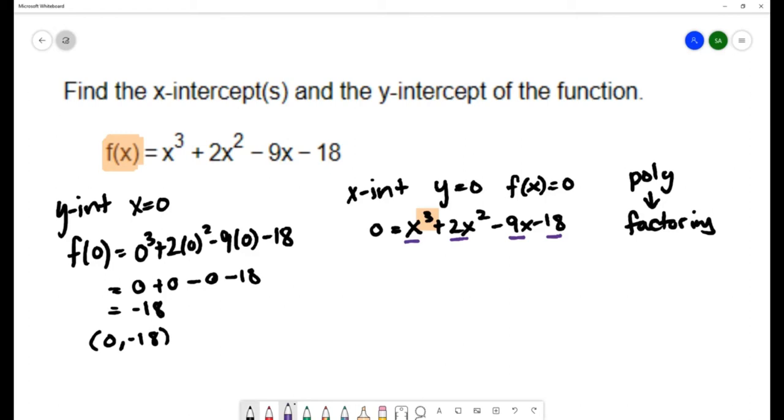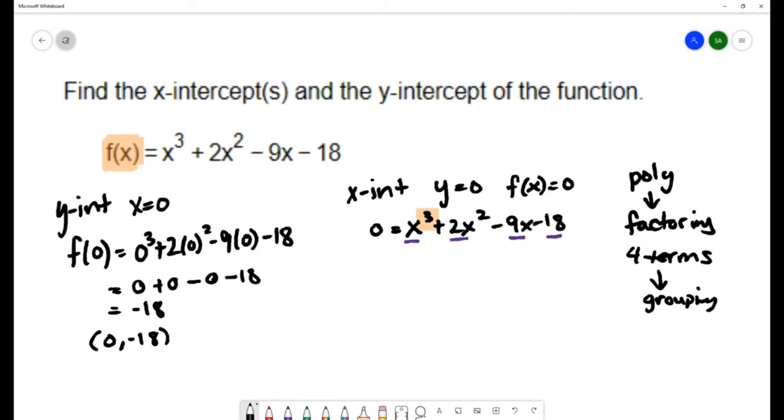So then I'm going to think of some of my other techniques. And this particular polynomial has 4 terms. And this is a clue to me to use a method that's called grouping. So whenever you see 4 terms, use that as a clue to try this technique.